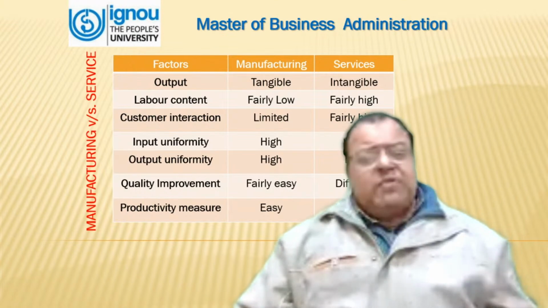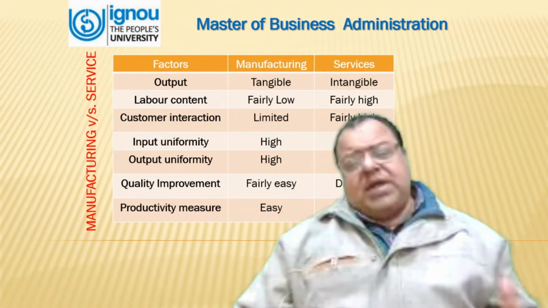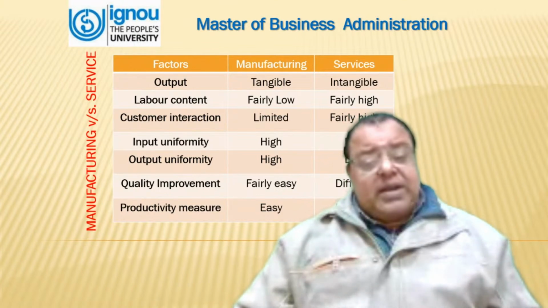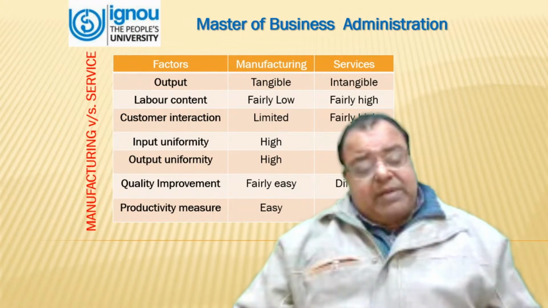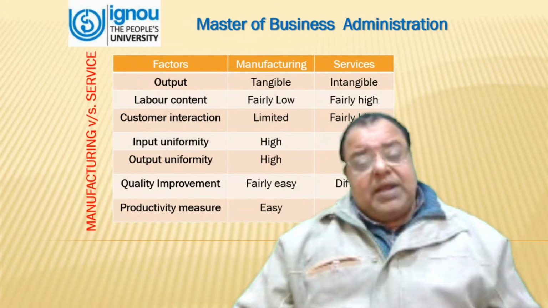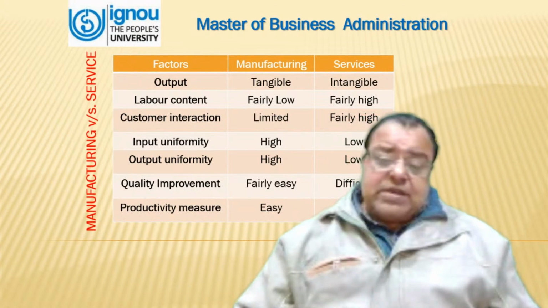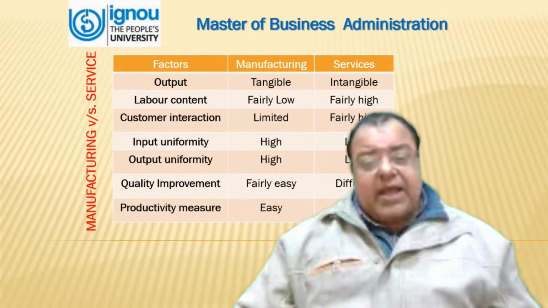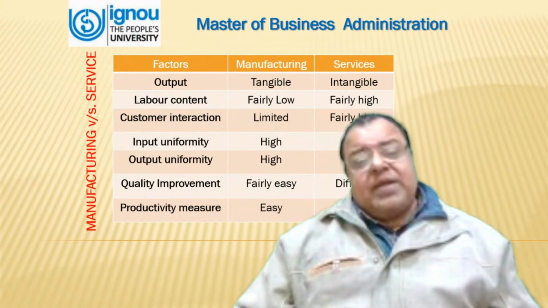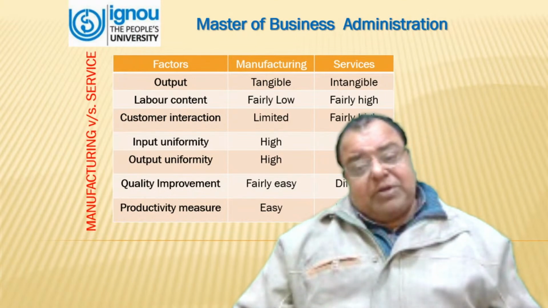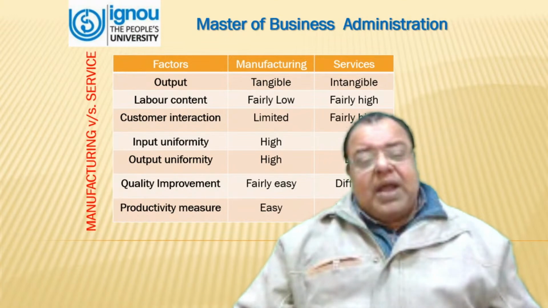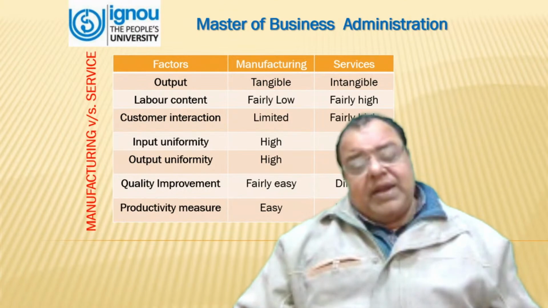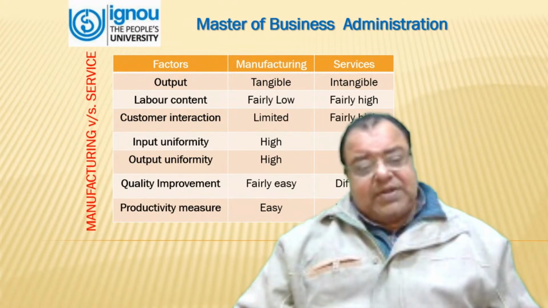Labor cost in manufacturing unit is fairly low, but on the other side, in the services it is fairly high. Customer interaction is limited in manufacturing, but in service industry it is fairly high. Input uniformity is high in manufacturing, but it is low in services. Output uniformity is high in manufacturing and it is low in services.